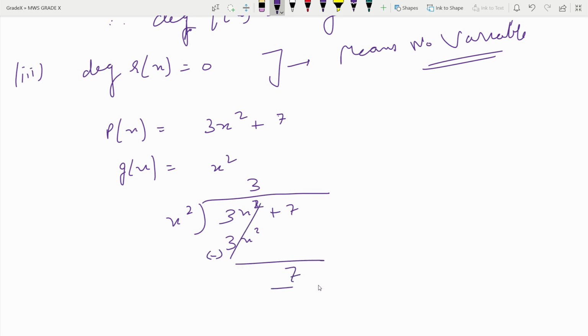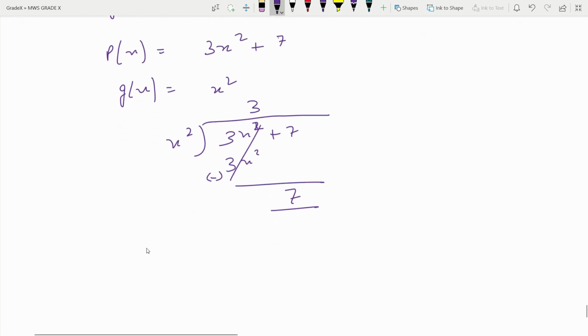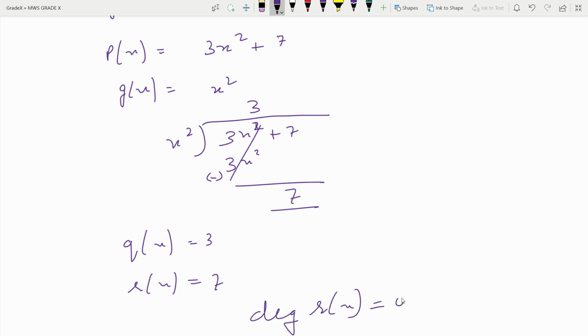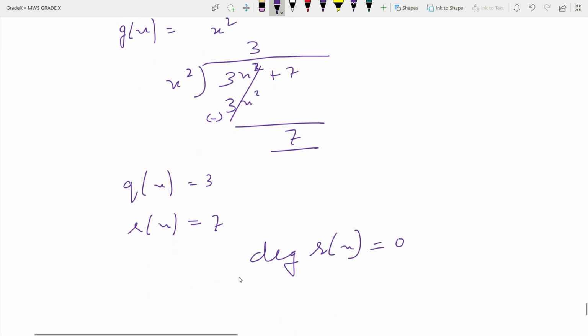Then we have 7 left. So here we can say quotient is 3 and remainder is 7, and degree of remainder is 0 because we do not have any variable. They were asking for remainder degree 0, that we have done.